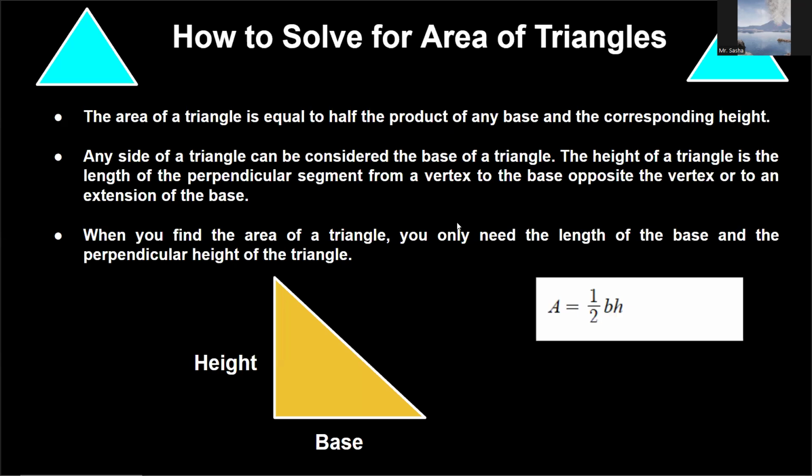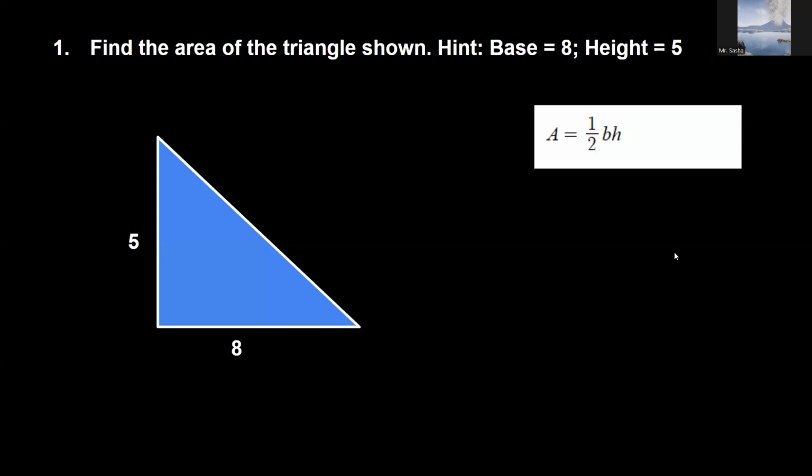When you find the area of a triangle, you only need the length of the base and the perpendicular height of the triangle. Yeah, remember, the height is right here. Yes. So now let's move on. Now we're on a problem. I'm sure I can show you guys how to solve this, okay?